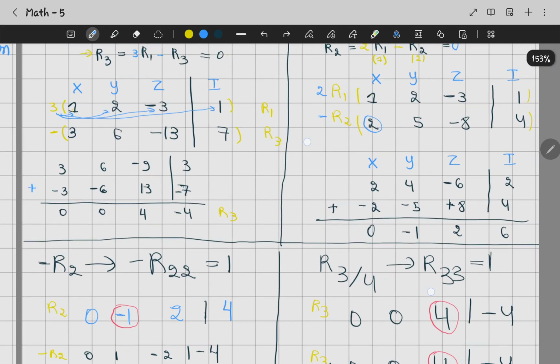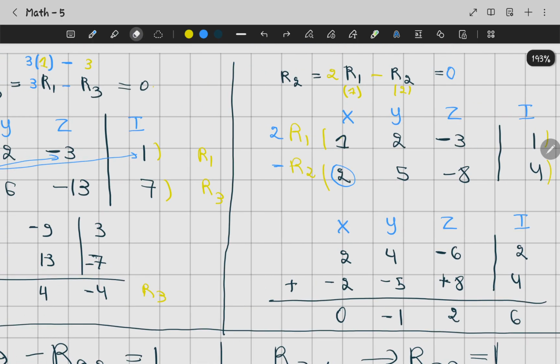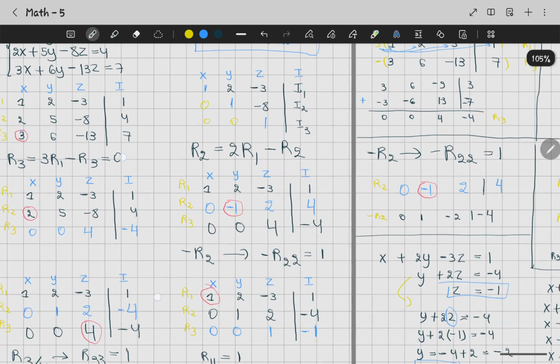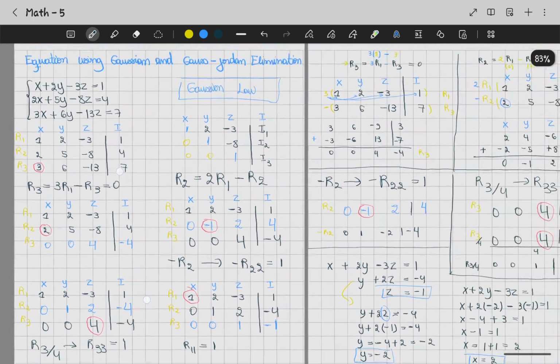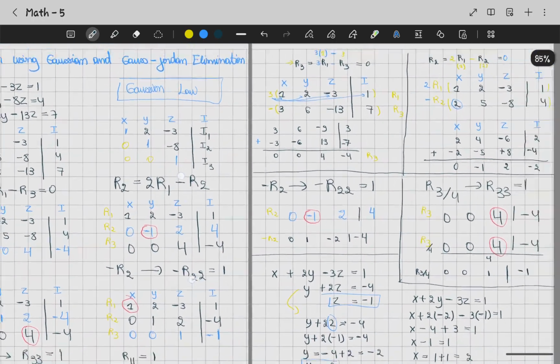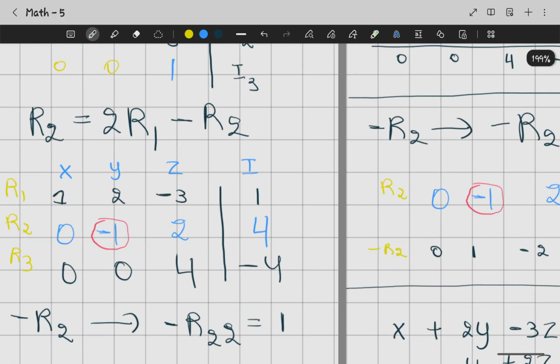Okay, let me correct a mistake that I see here. Negative times -4 actually gives us positive 4, so this answer here will be -2. So if I go back to this equation, we're actually supposed to have a -2 here, not -4.